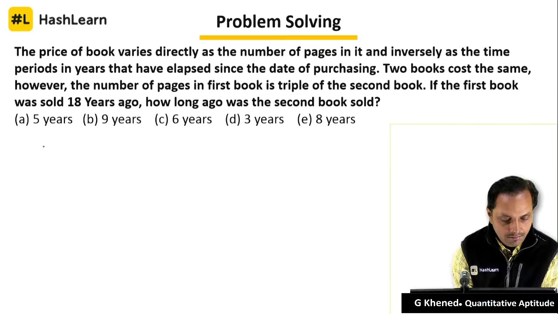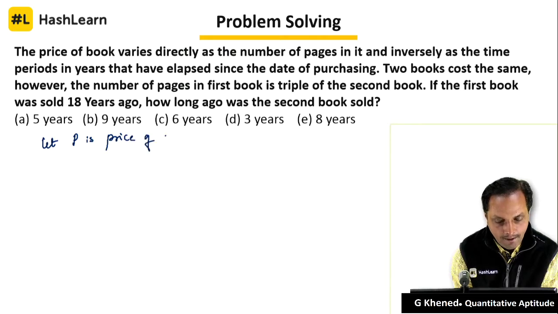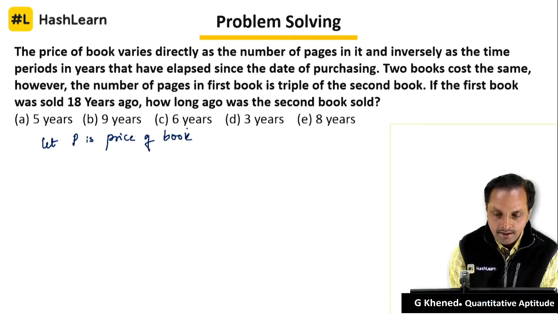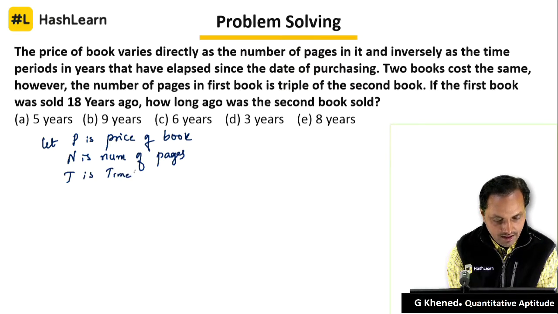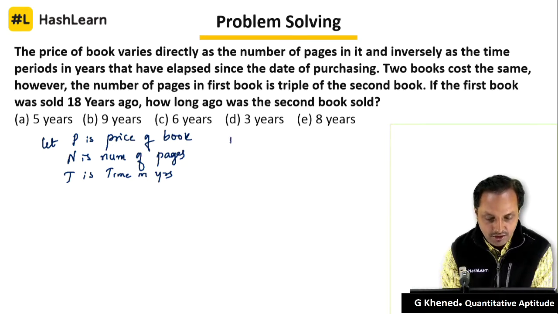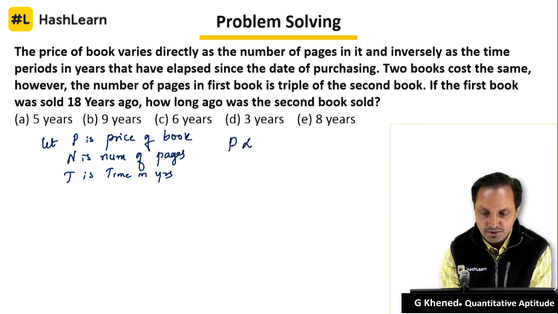Yeah, see here, let P be the price of the book, N the number of pages, and T the time in years. So what has he given? Your price is directly proportional to the number of pages in it and inversely proportional to the time.